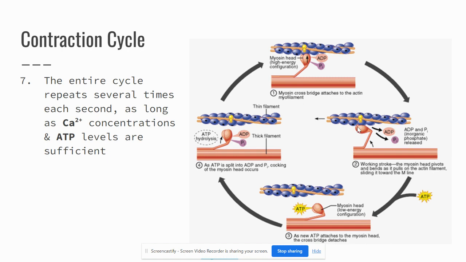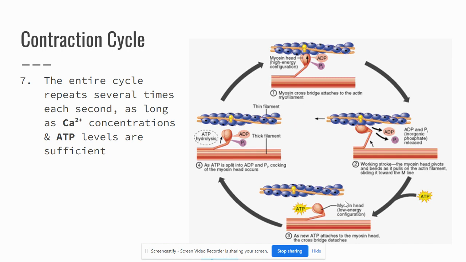Okay, and here, as we go down, we can see that this myosin head has moved towards that M line. So it's kind of bent or cocked itself towards that M line, and that is referred to as the power stroke. As this power stroke is occurring, this actin filament is sliding towards that M line, which creates contraction.